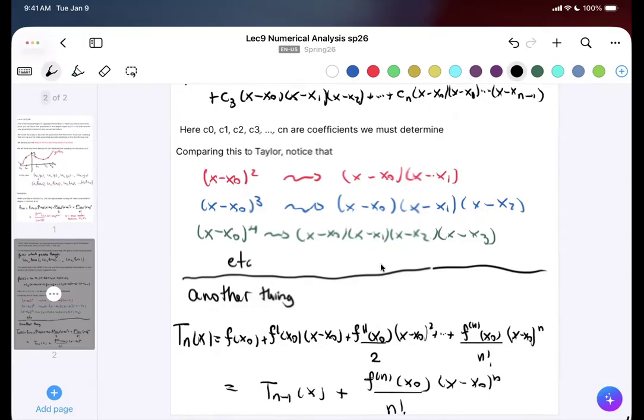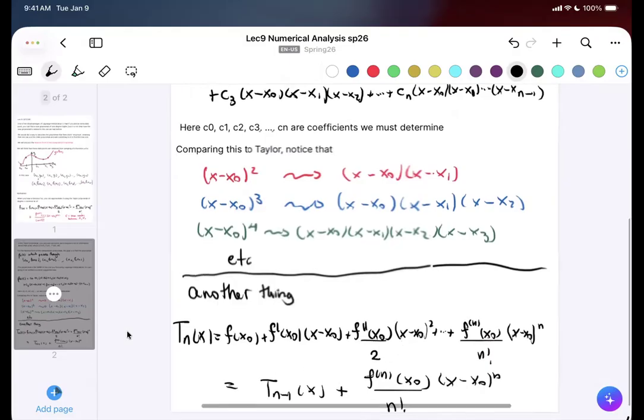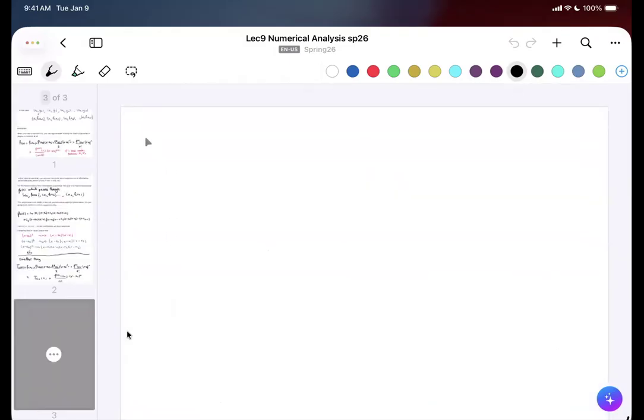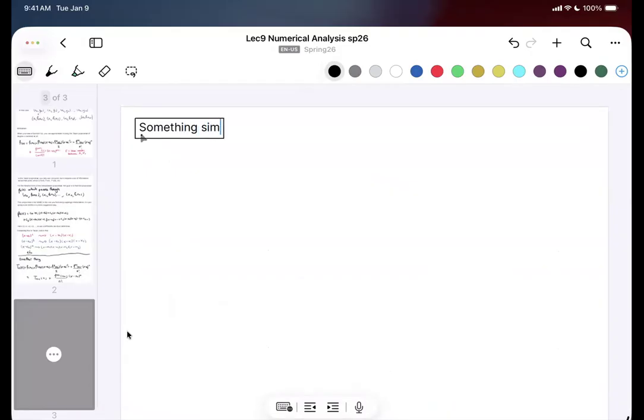And that's nice. And something similar happens with the Newton form of the polynomial.